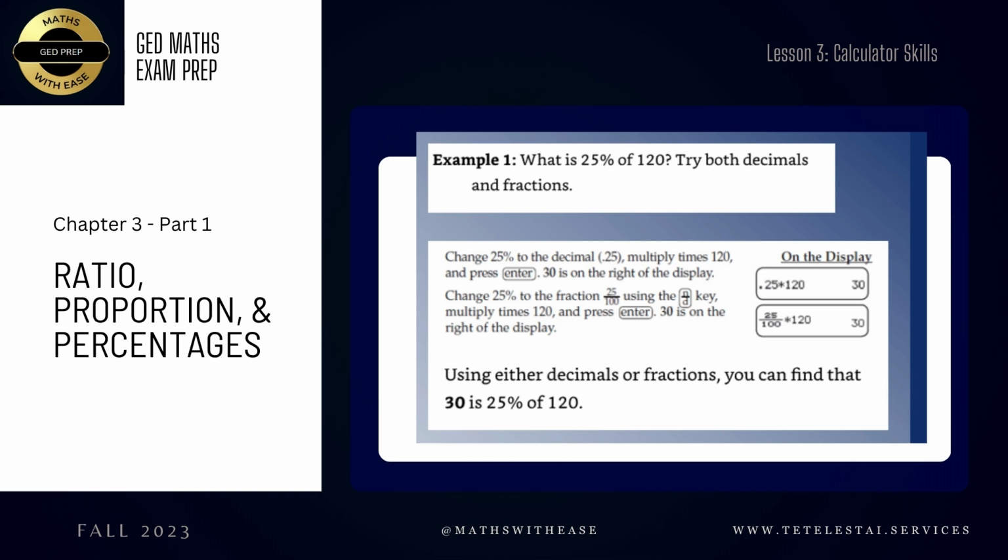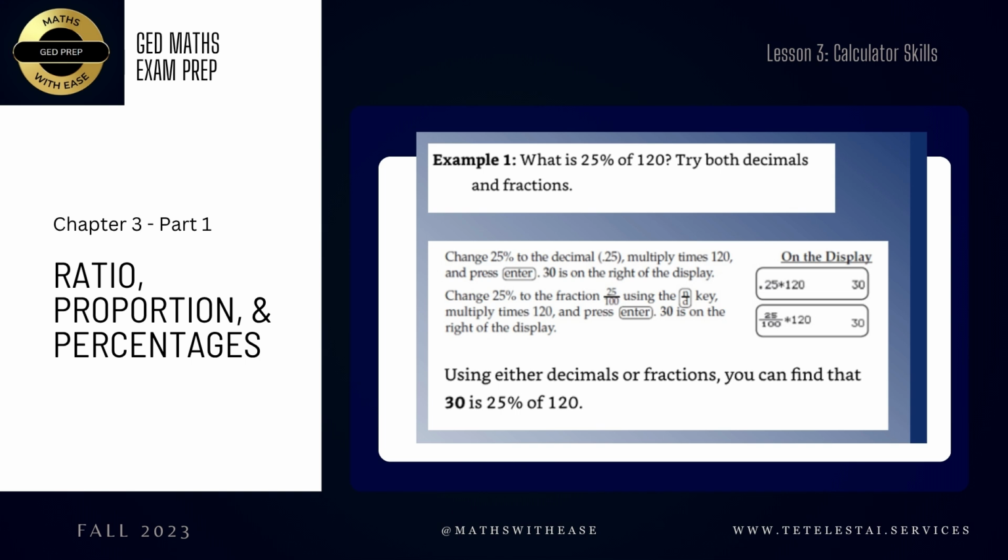Then you press your multiplication key and enter 120. To enter this portion of the solution, you press the fraction key, and then you would see the cursor flashing on top of the numerator.